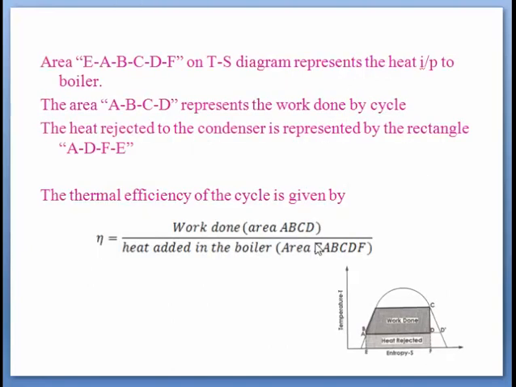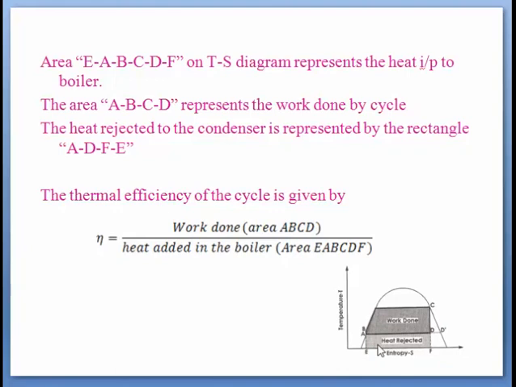Here we can see that the line E, A, B, C, D, F on this TS diagram represents the heat input in the boiler, in total. The area A, B, C, D, the net area, represents the work done by the cycle, and the line A, E, A, D, F represents the heat rejected.